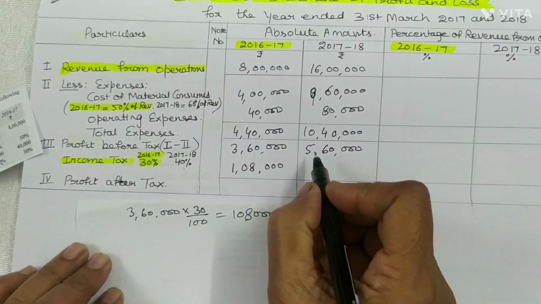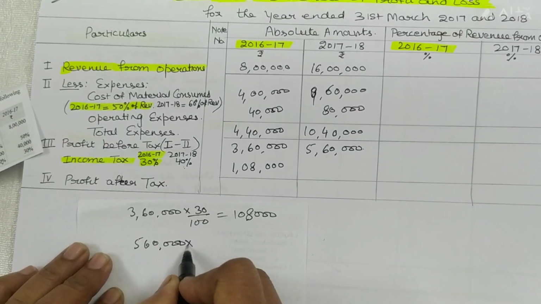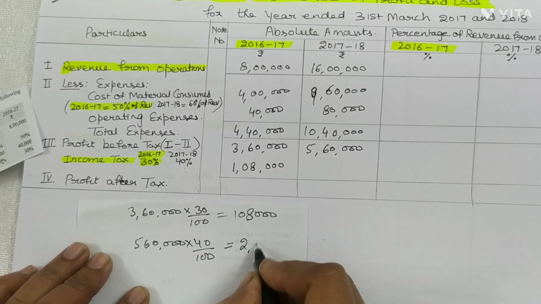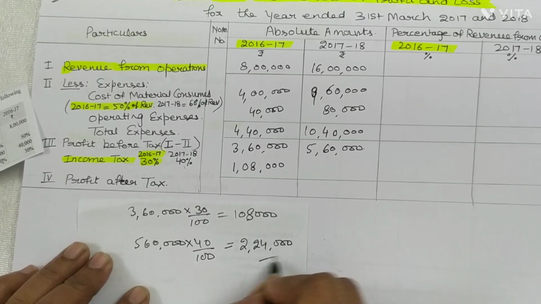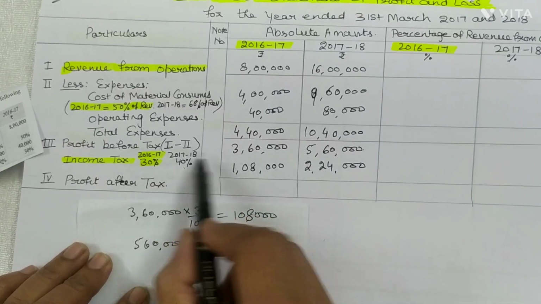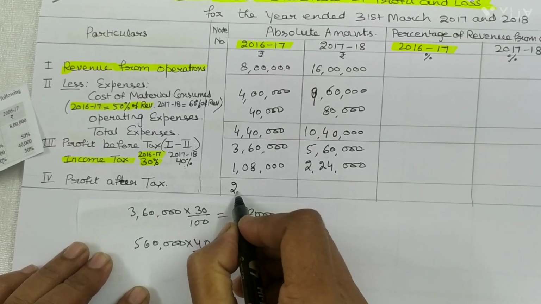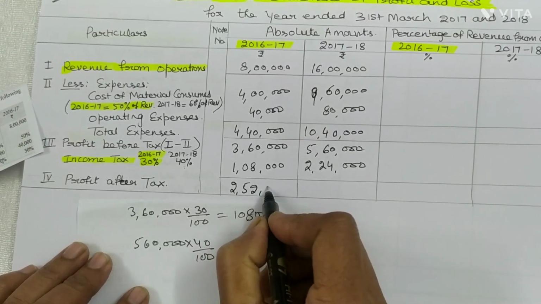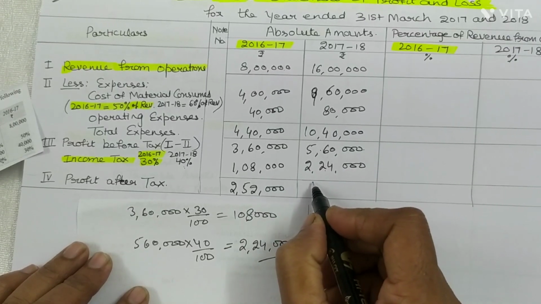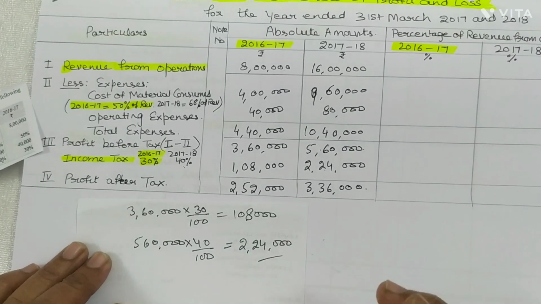Tax is always calculated on profit. So 5 lakh 60,000 into 40% is equal to 2 lakh 24,000. Now you have to deduct: profit before tax minus tax is equal to 2 lakh 52,000. And this minus this is equal to 3 lakh 36,000. Okay.